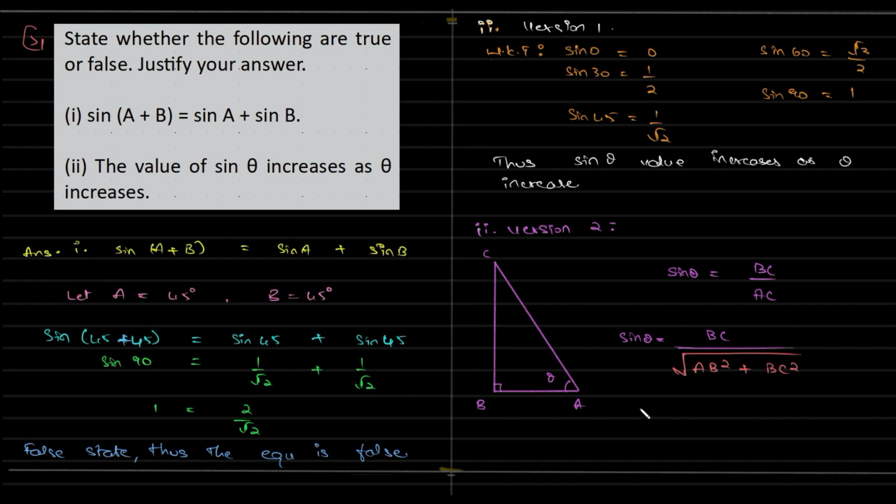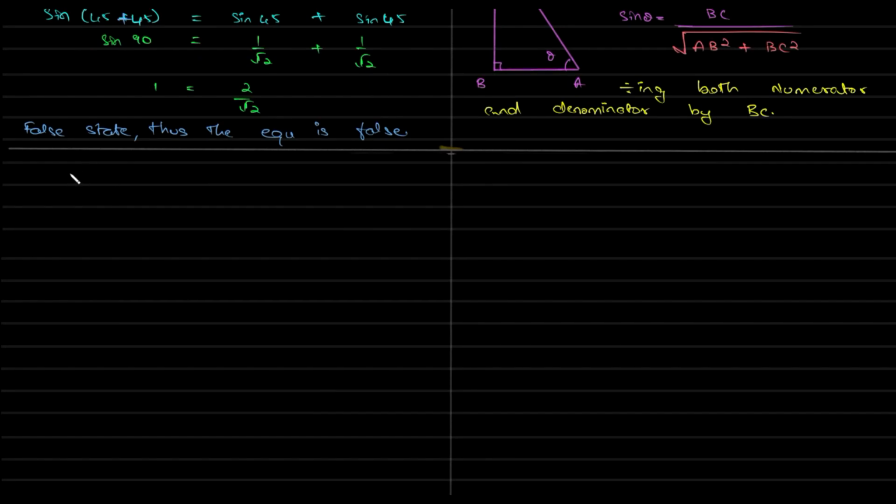The next thing is dividing both numerator and denominator by BC. So sine theta is equal to BC divided by BC divided by, and here too I need to divide with BC. Something like this.